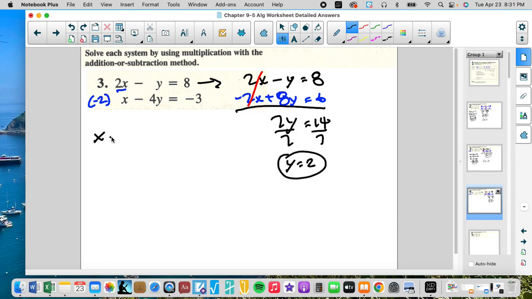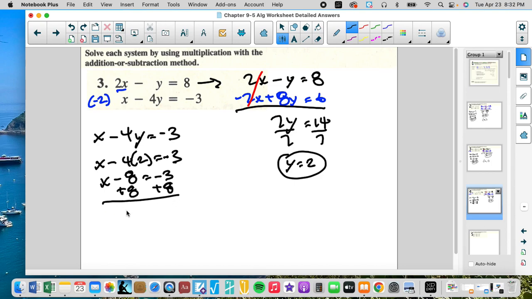I'll take the bottom equation. We're going to plug 2 in for y, simplify and isolate. -8 equals -3, add 8, x equals 5, so we get the point 5, 2.